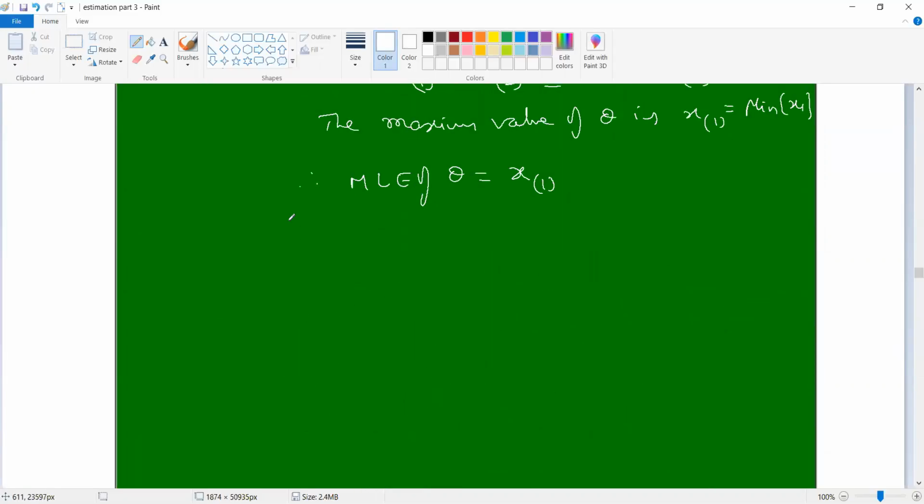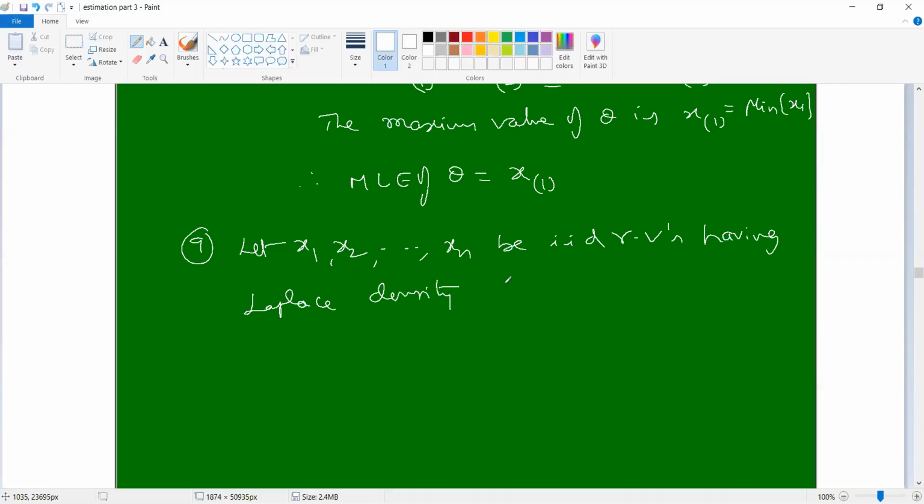Next problem, one more example, problem 9. Let x1, x2, and so on xn be IID random variables having Laplace density f of x equal to 1 by 2 e power minus modulus x minus theta.